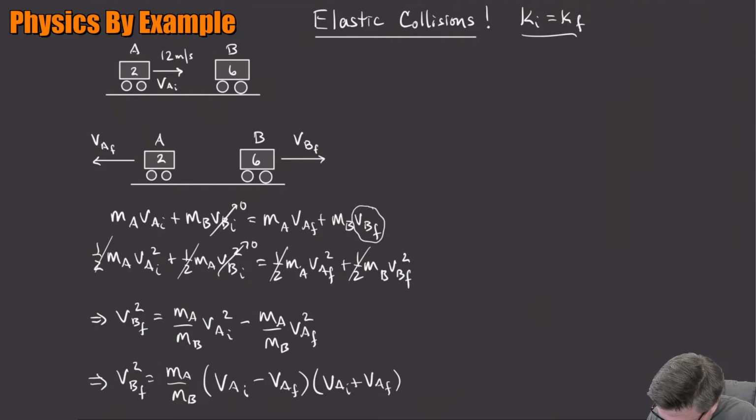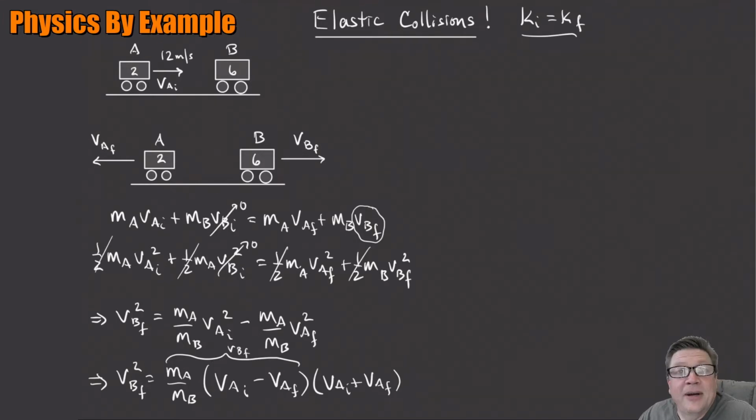Look, I've already got it right here. That's just VB final from the momentum equation, right? If you divide by MB and then subtract the A final over to the other side, that's just VB final. So that equation already has one VB final right there.